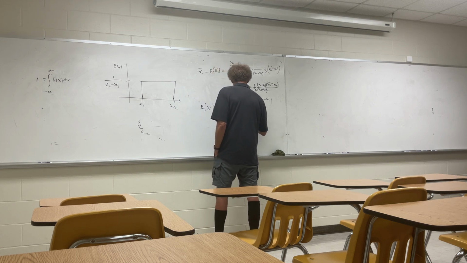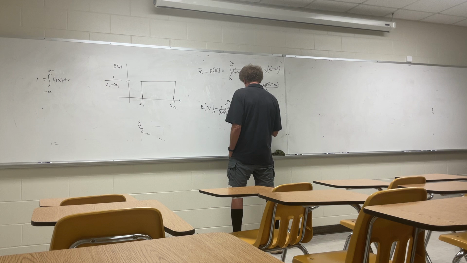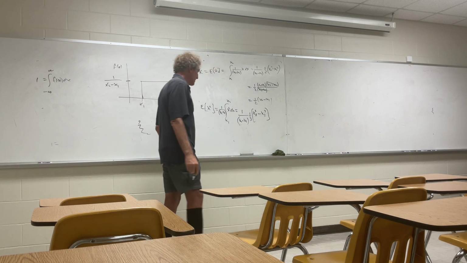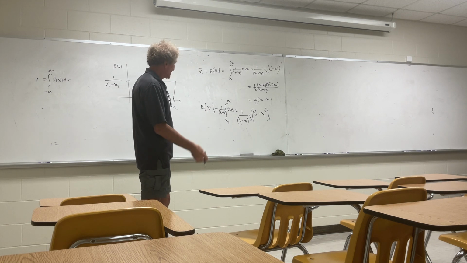This is going to be 1 over x2 minus x1, and here you get x cubed over 3, or 1/3, and then x2 cubed minus x1 cubed. And that would be legitimate. We can play around factoring that if you want. But honestly, that's just the answer.